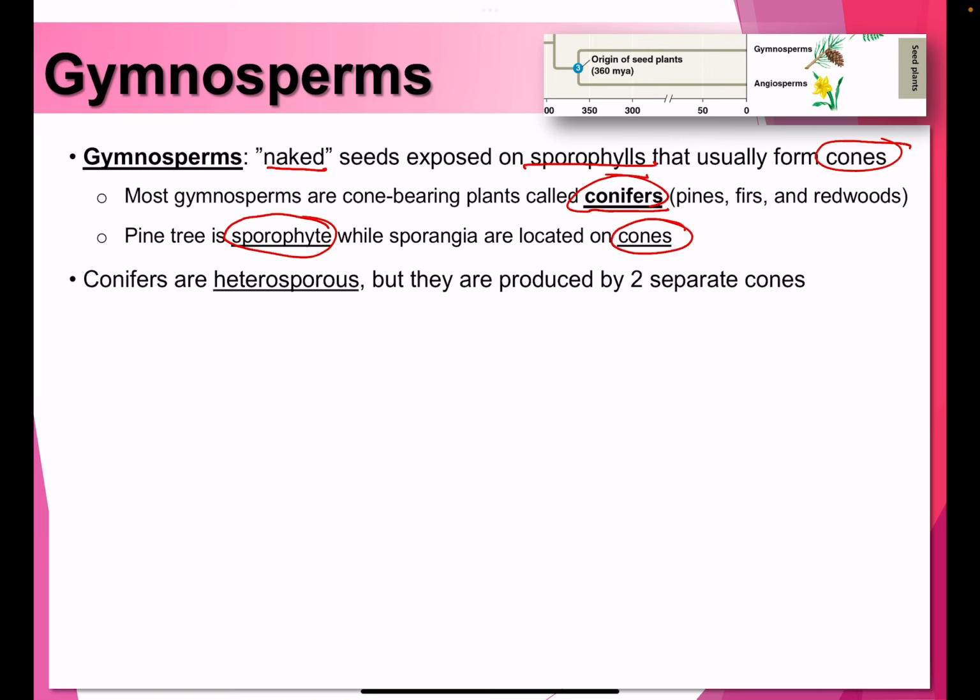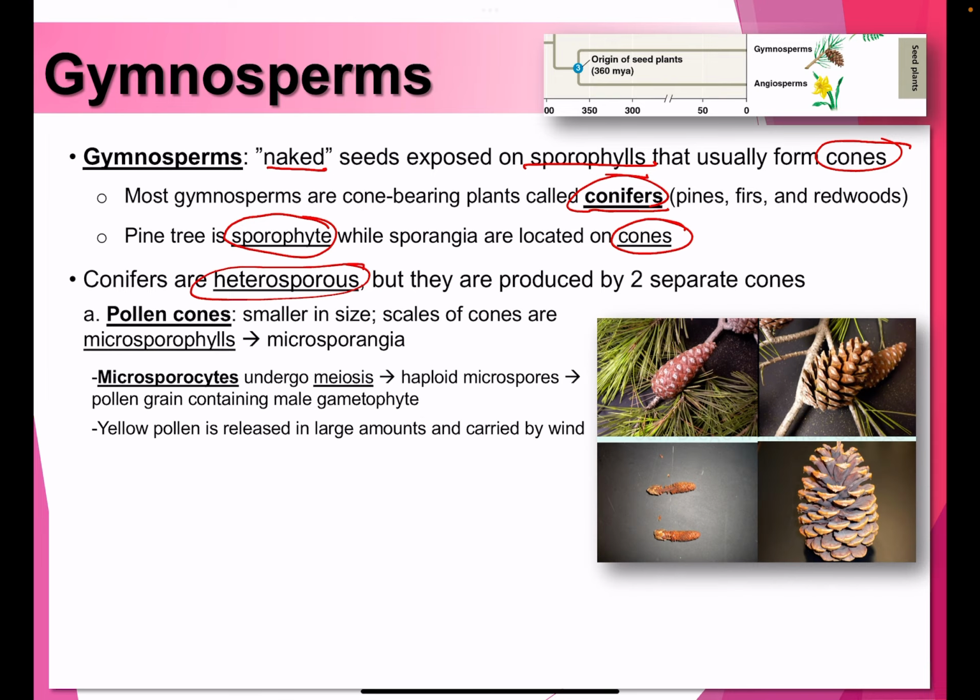Now, conifers are heterosporous, which means they actually produce two separate things, one for egg and one for production of sperm, and they do it through two different cones. One type of cone is called a pollen cone, which is usually smaller in size when you compare the two, and the scales of the cones are made up of microsporophylls.